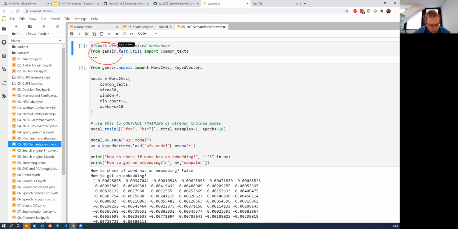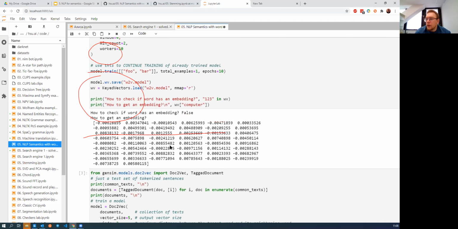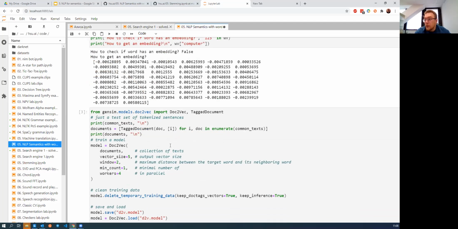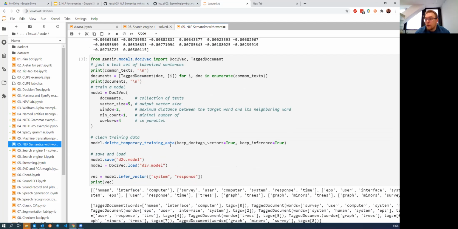Here is how to initialize the Word2Vec network and train it on some dataset with some epochs. And here is the same for Doc2Vec. You can import the model and train it with some parameters.